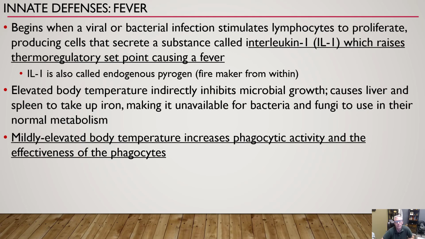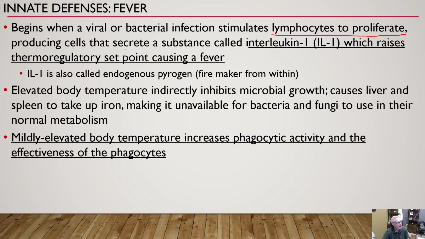You get a fever when you have a bacterial infection or a viral infection. So we see a fever when those lymphocytes are stimulated to proliferate. And proliferate just means to replicate and begin to grow. So when we see the B cells and T cells starting to ramp up in our body, that's why we have the fever.